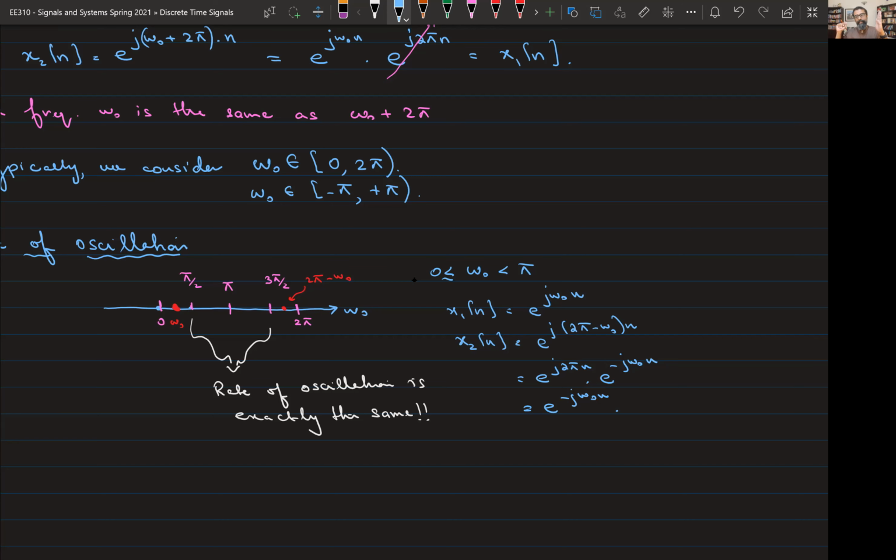So if you start increasing from 0, the rate of oscillation keeps increasing all the way up to pi. Similarly, if you start coming down from 2 pi towards pi, the rate of oscillation increases as well. And where's the maximum going to be? The maximum is going to be in the middle, which is omega naught equals pi.